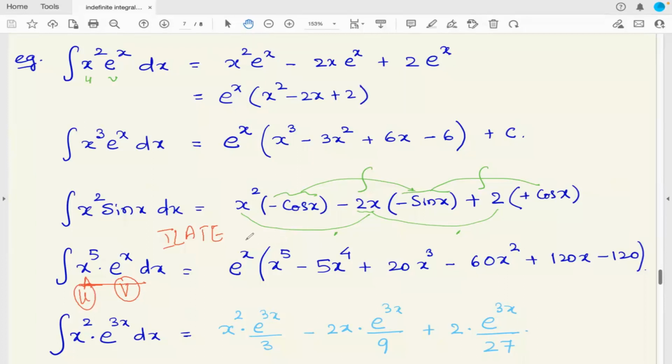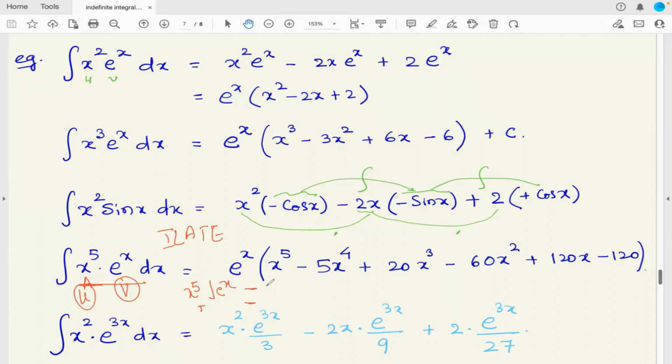So what is the direct method? What we do, we partially differentiate u and continuously integrate v. So we write x to the power 5 first, and then integrate e to the power x with plus-minus signs. Here will be plus, so next will be minus.